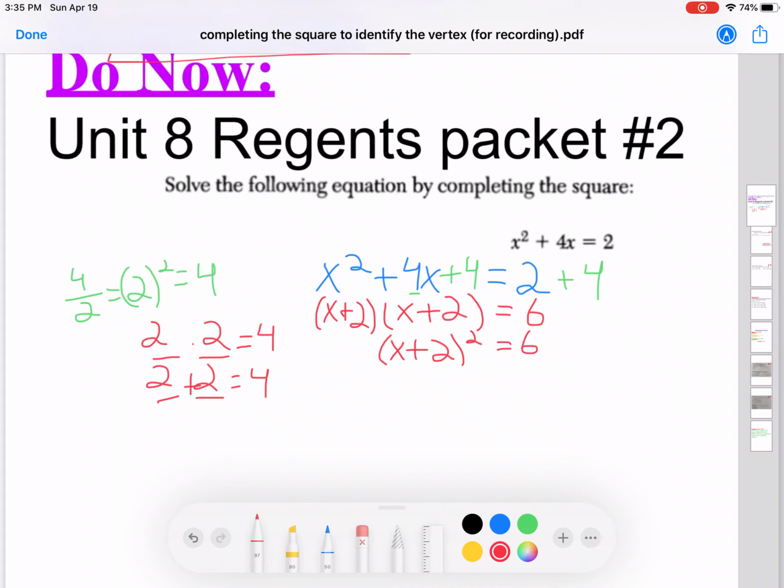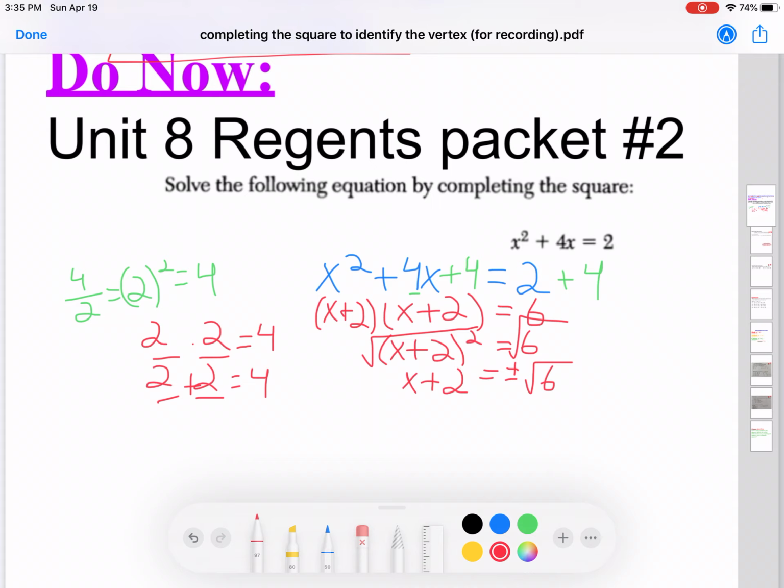Now we're up to step 4, which is to take the square root of both sides. On the left side, the square and the square root are inverses, so those cancel out. We're just left with x plus 2. Now on the right side, we have the square root of 6. We don't know what the square root of 6 is because 6 is not a perfect square, so we're going to leave it as plus or minus the square root of 6. We always ask ourselves, can we simplify this any further?